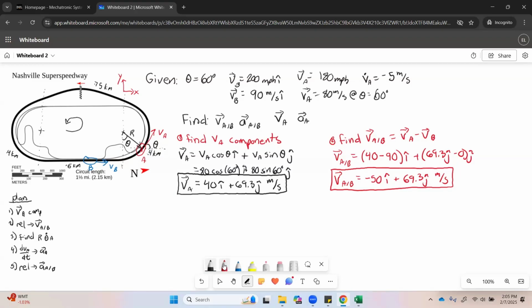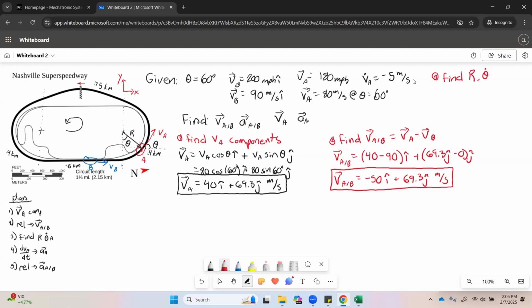Next, we will start the acceleration aspect, or step 3. For step 3, we need to find the radius of the curve and theta dot, the rate of change of angle. The r is pretty straightforward here. We know the formula for the circumference of a circle is 2 pi r, but we're just given half the circumference, this 4 kilometers here, the distance around the semicircle.